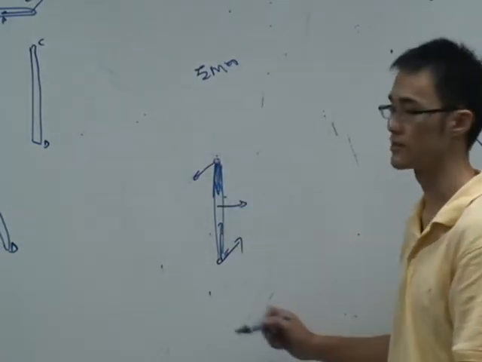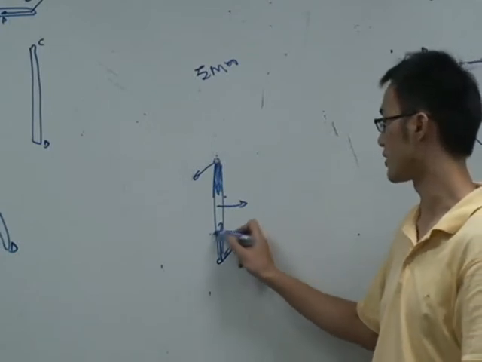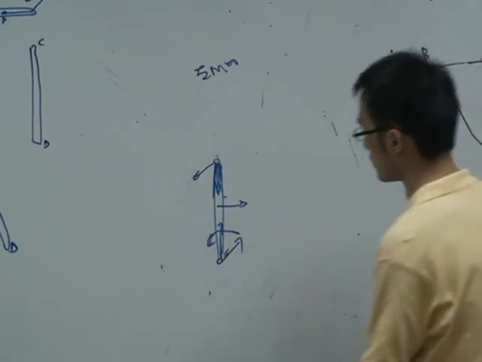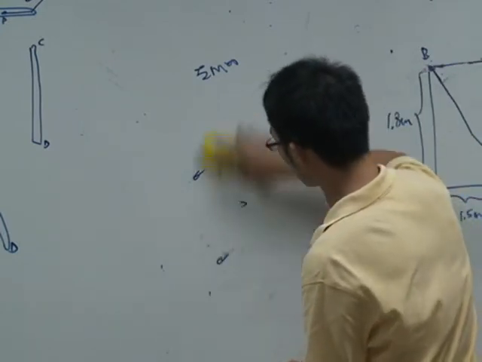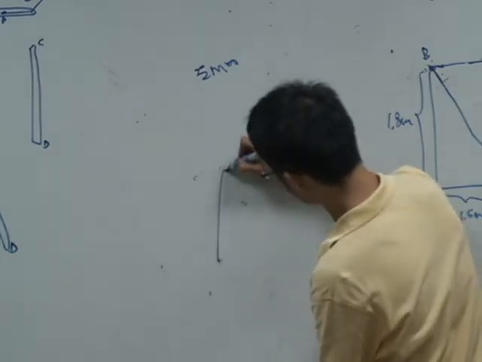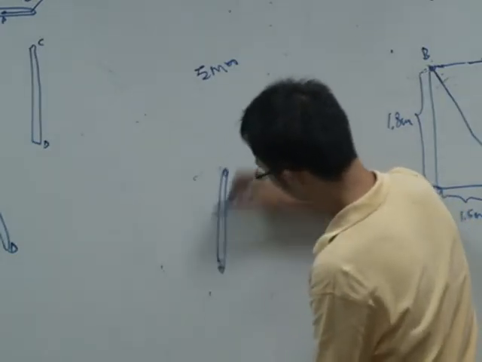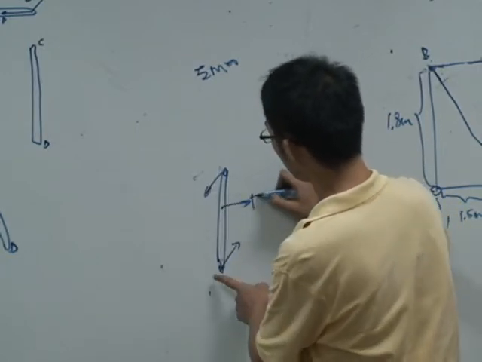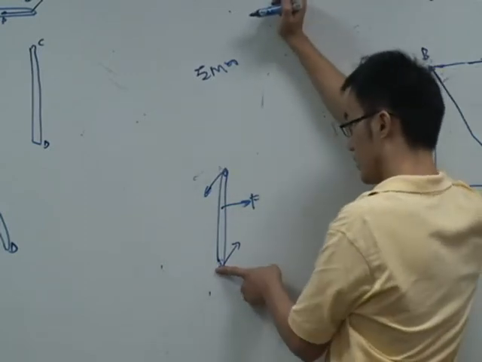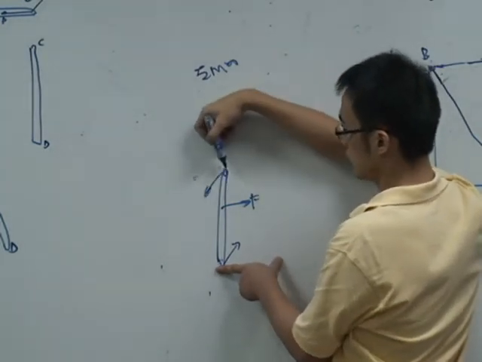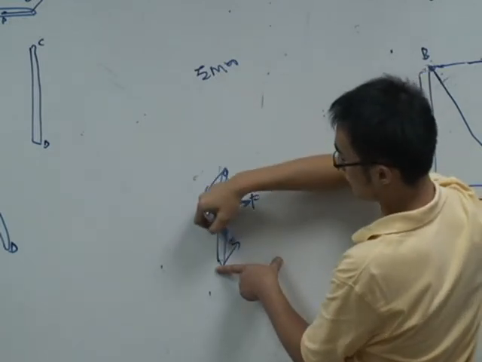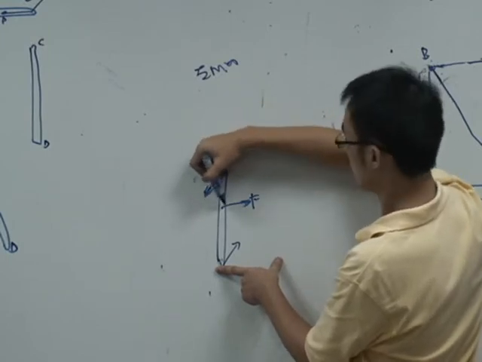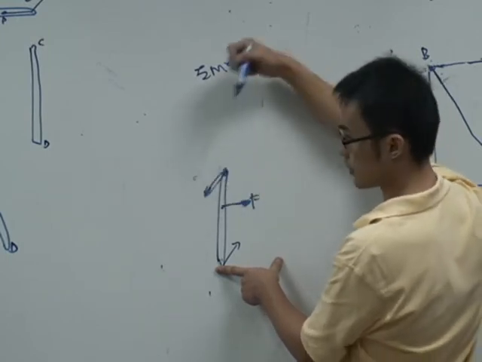The condition is there are no forces in between, and there are no external torques on this member. What do I mean by forces in between? Look at this member again. If there is a force in between, and we take moment about this point, this force will create no moment, but this one will create a moment, and this one will create a moment as well.